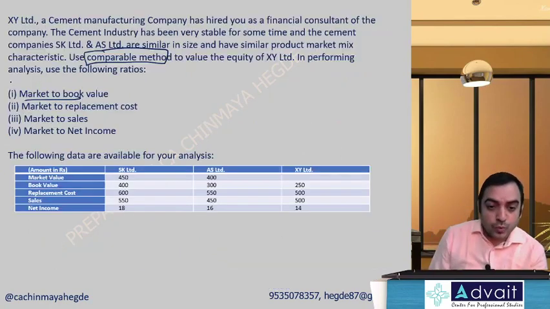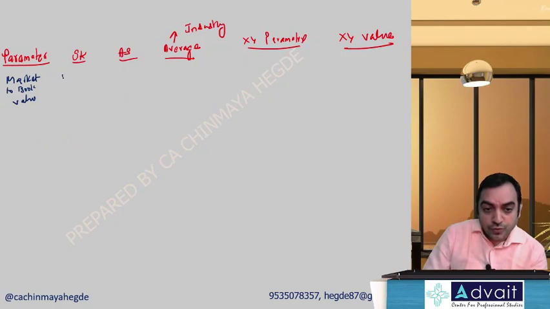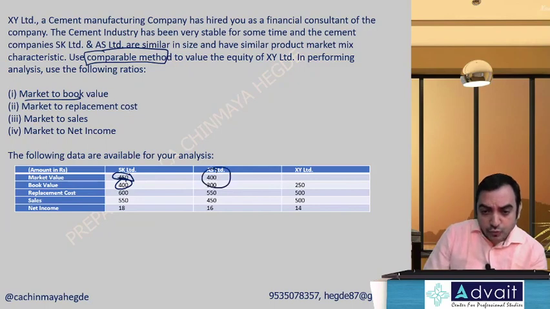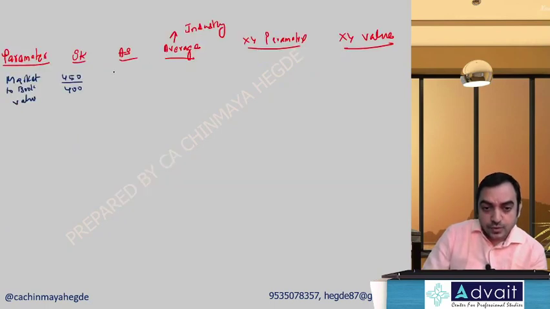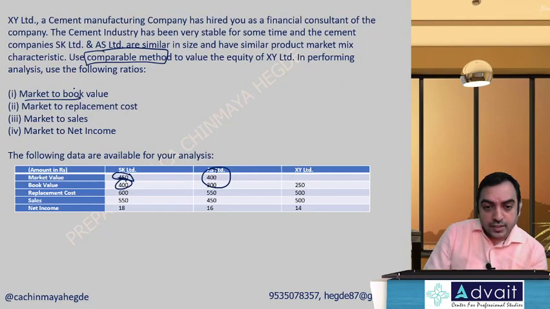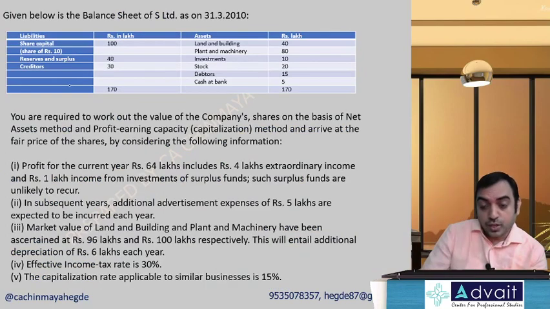So, market by book value for SK Limited, market is 450, book value is 400. So, 450 divided by 400. Similarly, AS Limited, 400 by 300. So, 450 by 400 is 1.125. 400 by 300 is 1.33.